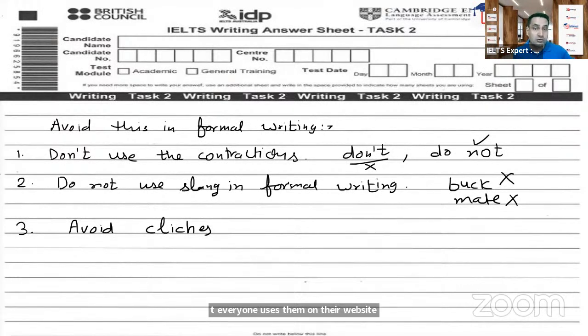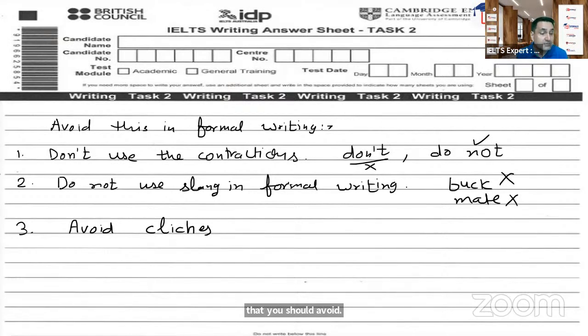We have done all the research on what are the things that you should be avoiding. There are certain words like nowadays that should be replaced with in recent times. Firstly should be replaced with the primary reason why. And there are a few other words that you should avoid. So cliches should be avoided. Idioms should be avoided.